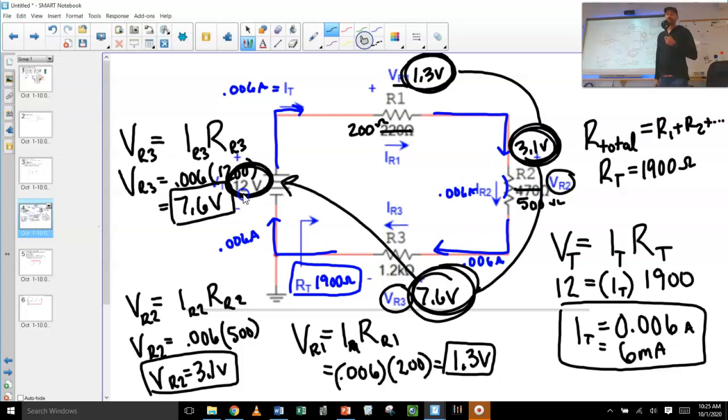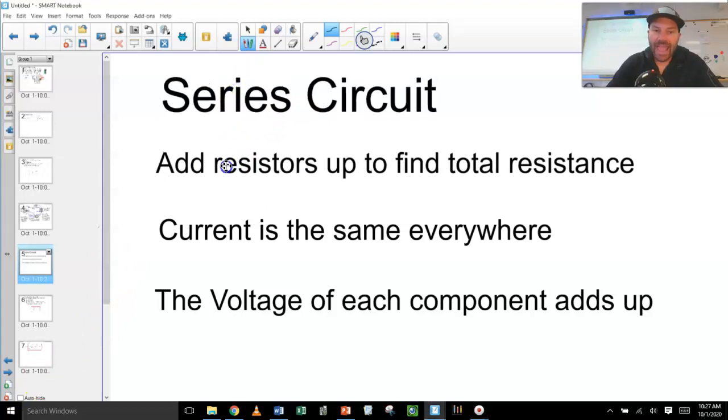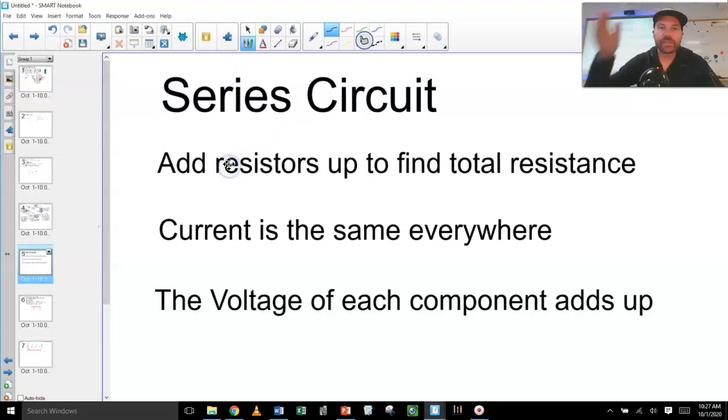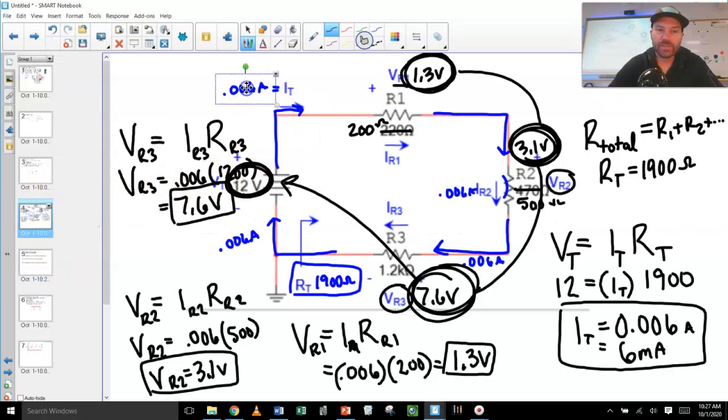So here are some really important ideas inside of a series circuit. In a series circuit, add up the resistors. You're going to take 1 plus 2 plus 3. You're going to add them all together. The current is going to be the same everywhere. You'll notice that I put 0.006 amps everywhere.